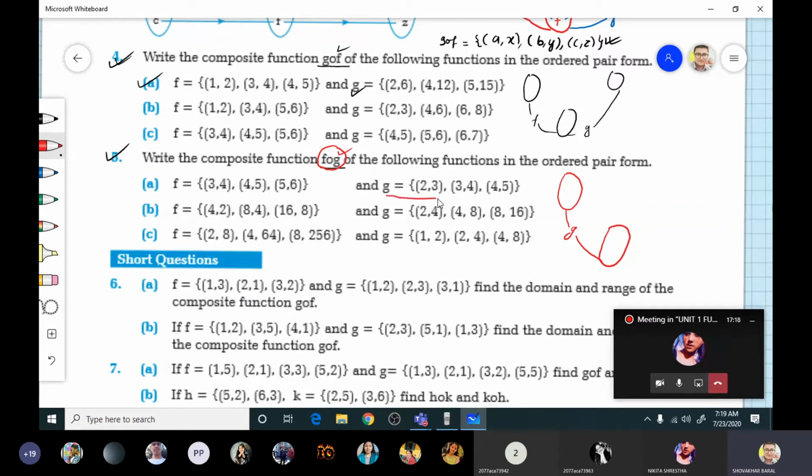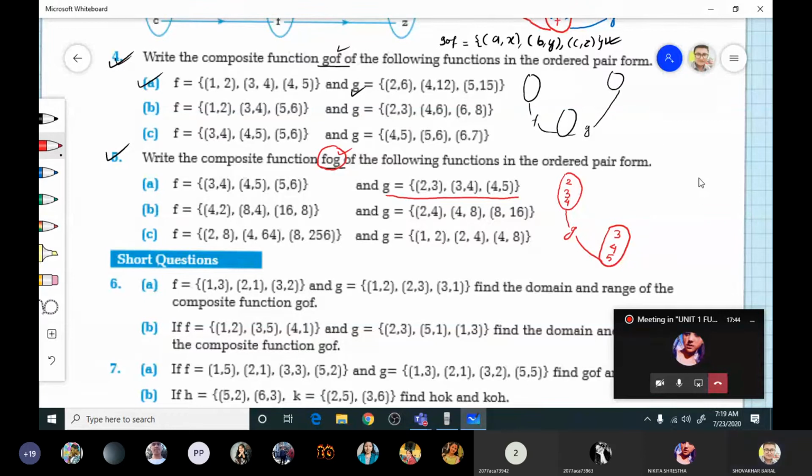What are the first elements in the set g? The elements are 2, 3, and 4. First write the first components of this function g. And the second elements are 3, 4, and 5.